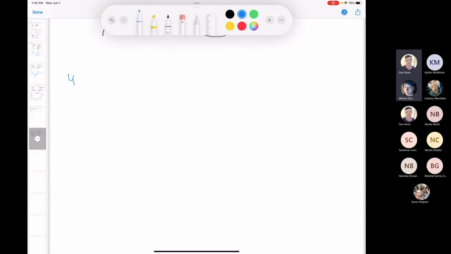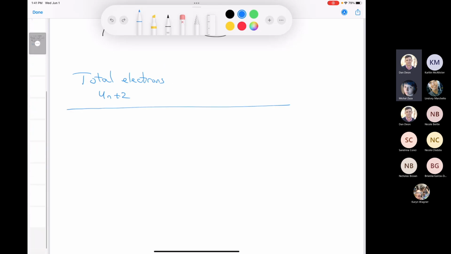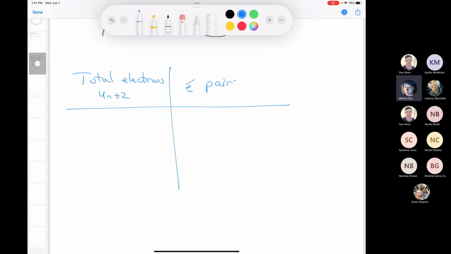So let's see here. Let's do it like this. Total electrons is going to be 4n plus 2, so we'll put that over here. And then we'll do electron pairs.